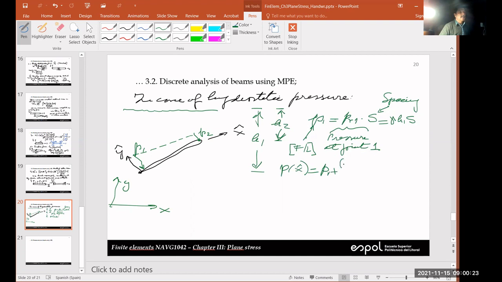The slope is going to be P2 minus P1 divided by L, where L is the length of the beam, times X. And you can express all of this as a function of gamma and the height at point 1 and point 2. This is a linear expression.